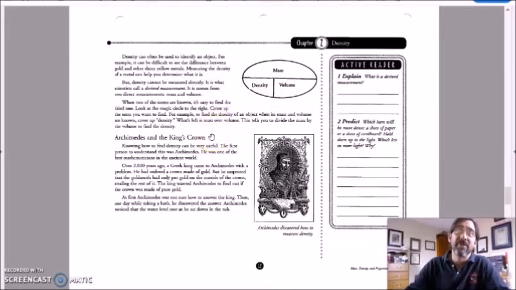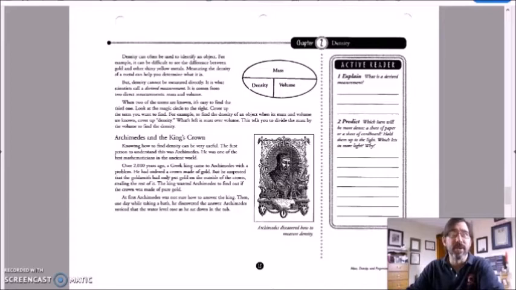Here's an interesting story, it's historic in nature, about density. Archimedes and the king's crown. Knowing how to find density can be very useful. The first person to understand this was Archimedes. He was one of the best mathematicians in the ancient world.